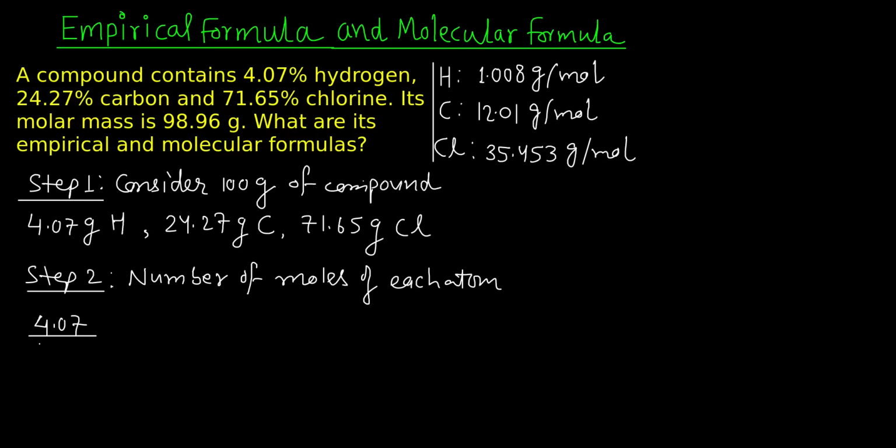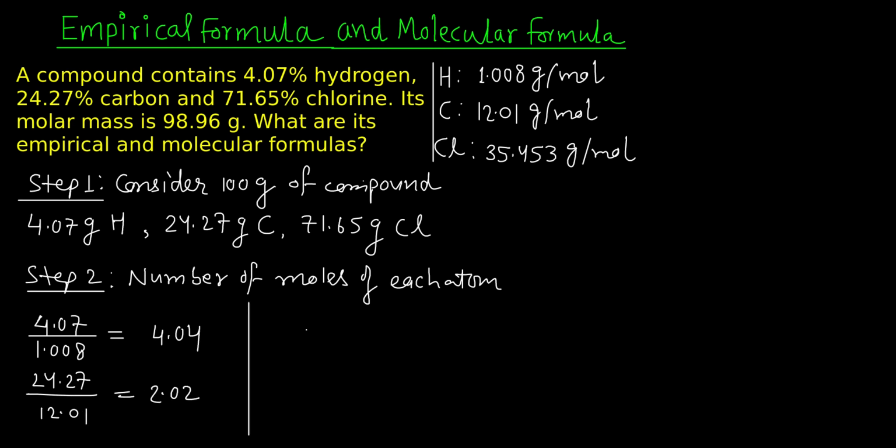So 4.07 divided by 1.008, and if you divide this, you will get 4.04. Similarly, next will be 24.27 divided by the corresponding atomic weight, 12.01. Here you will get 2.02.